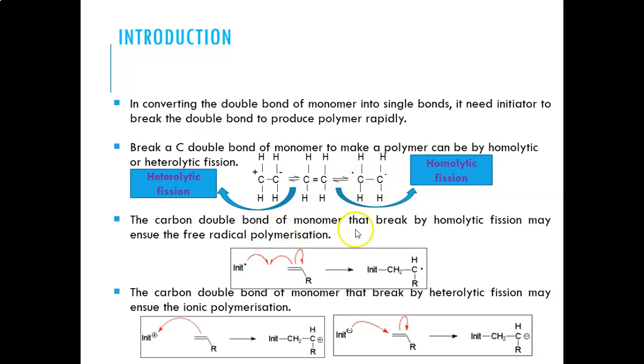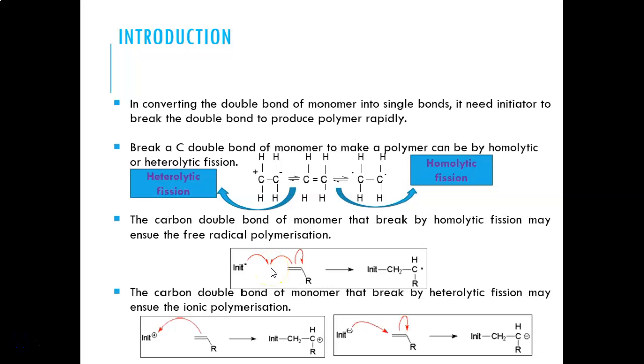The carbon double bond of the monomer that breaks by homolytic fission may ensue free radical polymerization. If you notice, this arrow is a half arrow, meaning it is the movement of one electron to the other.